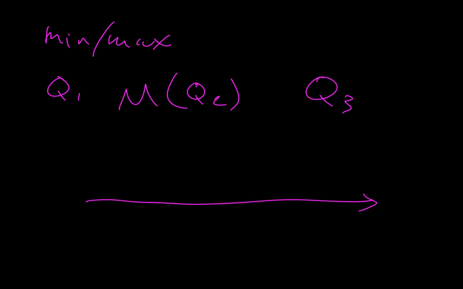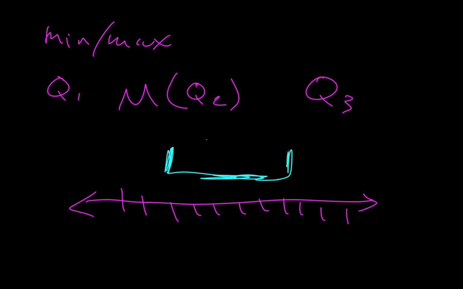So we would draw a number line and mark all this stuff. We would draw a box from Q1 to Q3. Right here would be Q1, right here would be Q3.